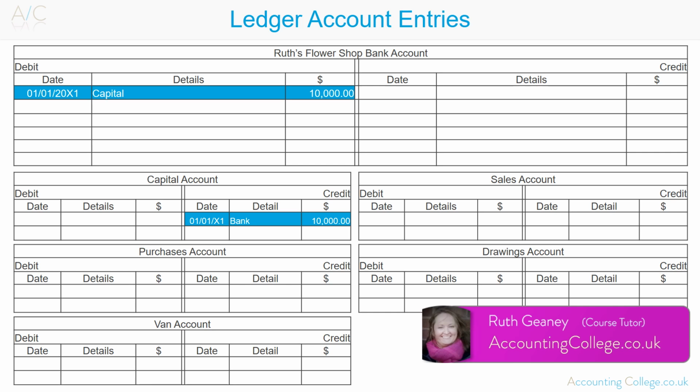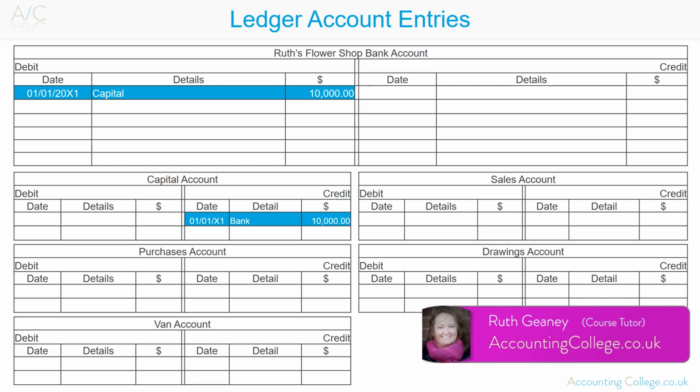A brief description of the transaction is entered into the details column, and the total banked is entered into the value column. The dual effect principle states that for every debit entry, there must be an equal but opposite credit entry. A credit entry of $10,000 is made in the capital account.